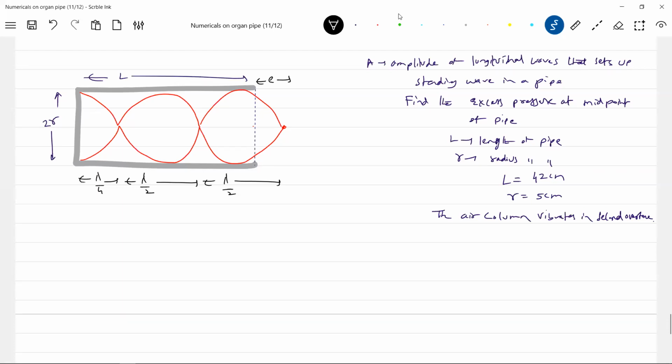Where is the midpoint? Where will the midpoint come? L by 2. So if you see, 2.5 loops are there. This is antinode, antinode. Okay, am I right? And this is antinode. So there's a node. We are talking about the pressure node, and there's a pressure antinode.